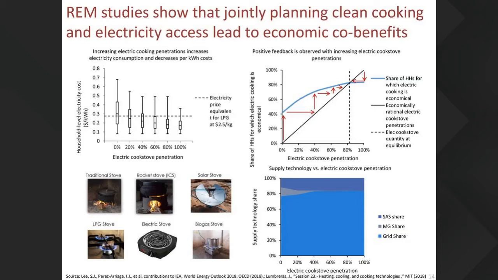Transportation with electrification of vehicles, and agriculture with the electrification of, for instance, irrigation systems or refrigeration systems or food processing systems. You see similar feedback effects, meaning that if we were to coordinate planning, we can reduce electricity costs and make these systems more viable for more people across the planet.